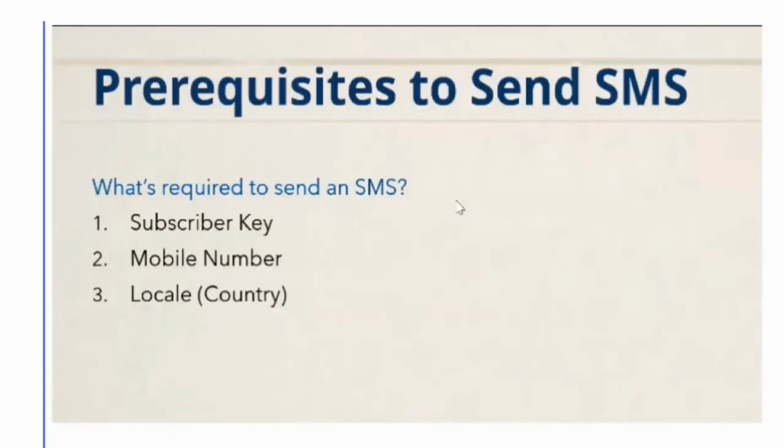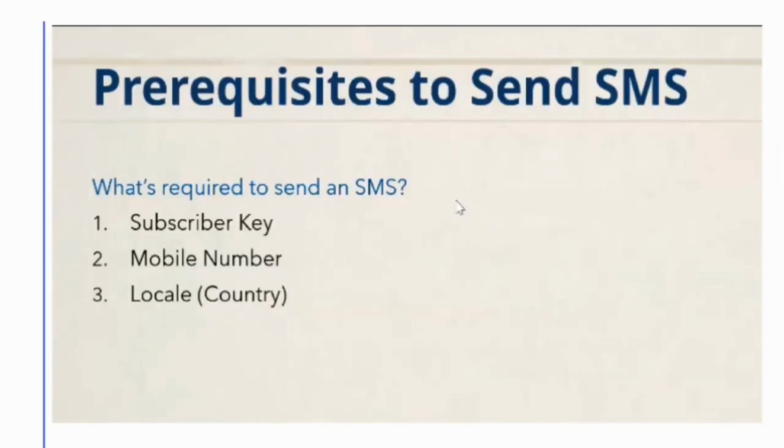The mobile number should be stored in the data extension with a specific data type called phone. If you have not used the phone data type to store the mobile number, your system can't recognize that the value is a customer phone number. The same case happens with email. If you fail to store the email address with the appropriate email address data type, the system will not recognize it.